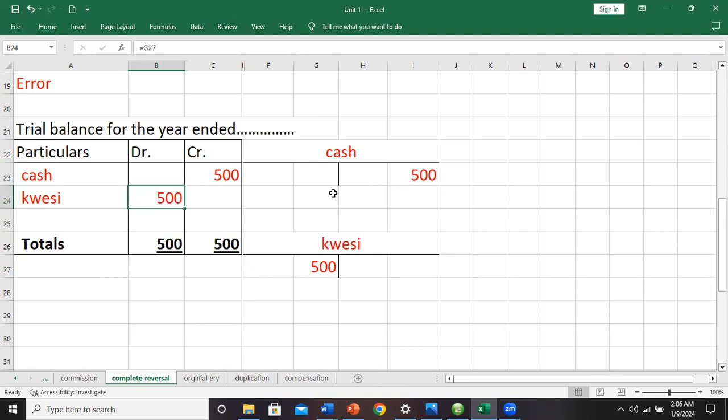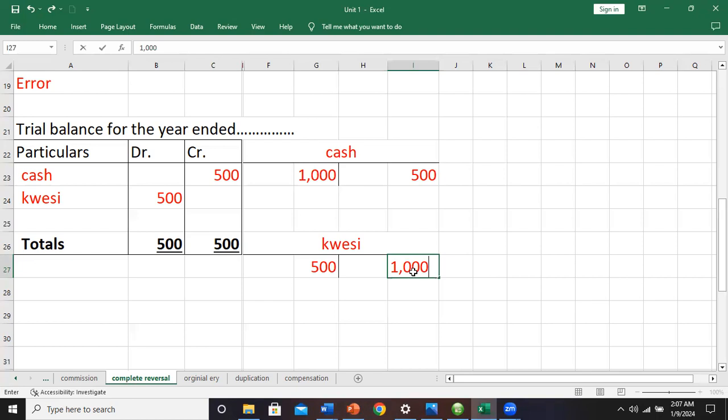This is the error. If you want to correct it, the 500 here is supposed to be at this side. So how do you make sure that this side has the 500? You'd have to double this 500 and debit the cash account. So you will debit the cash by 1,000. And Kwesi is supposed to have a credit of 500. So you would have to credit Kwesi's account, double of the figure.